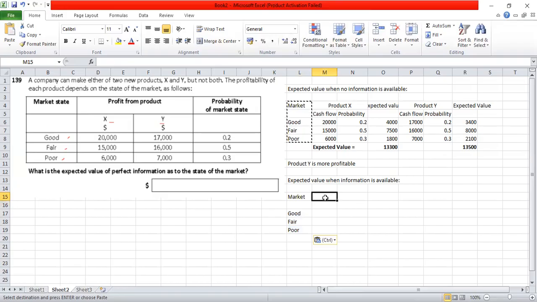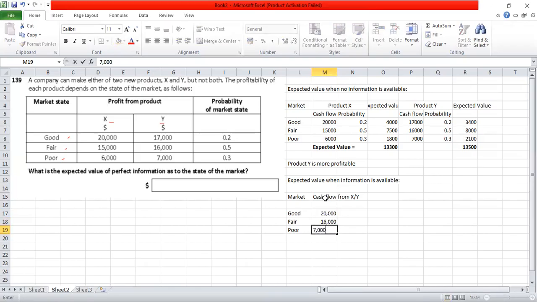Now here in this case, X is more profitable. So X will be sold and 20,000 cash flow will be earned. If it is fair, Y is more profitable, therefore 16,000 here. Then if it is poor, Y again is more profitable, 7,000.